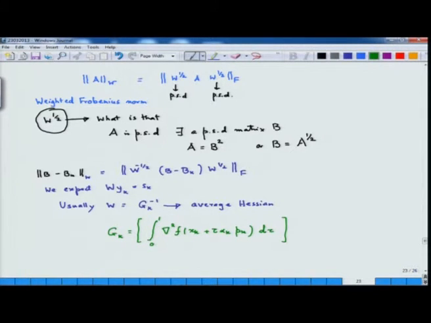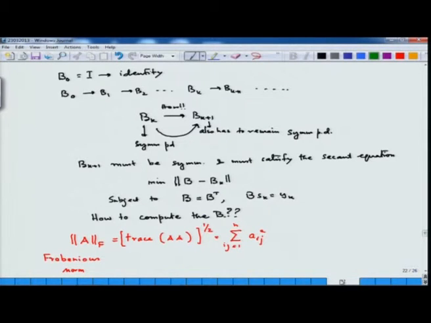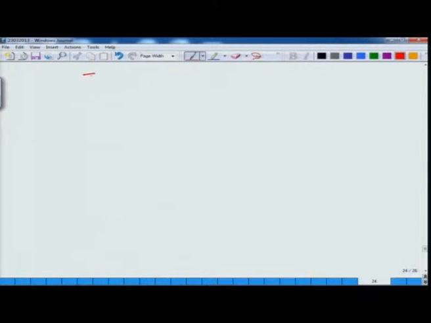Now, if you choose something like this and try to optimize this problem, get a solution to this problem, if I call this problem Qn, the quasi Newton problem, the solution of Qn is I minus Yk Sk transpose divided by Yk Sk.